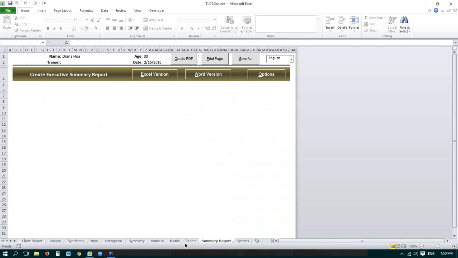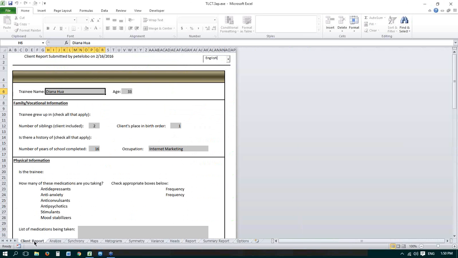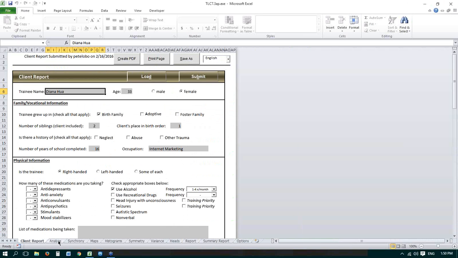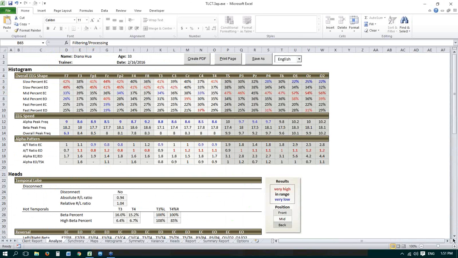Okay, so it's produced now the assessment, and I could go back to the client report and look at the things that the client has chosen, information about history and so forth. The analyze page is a whole series.